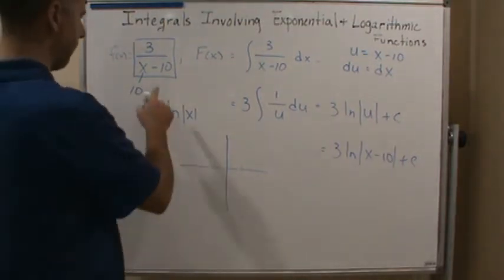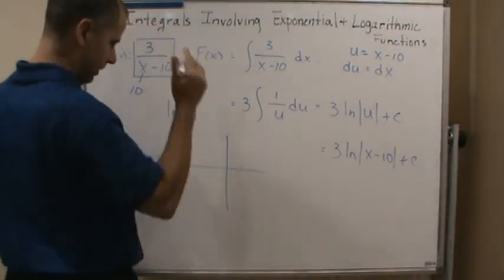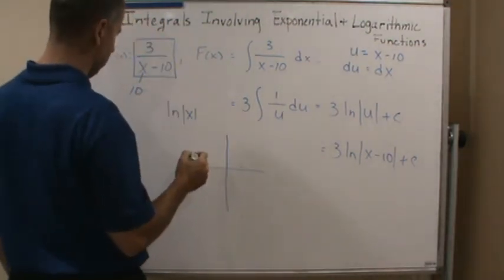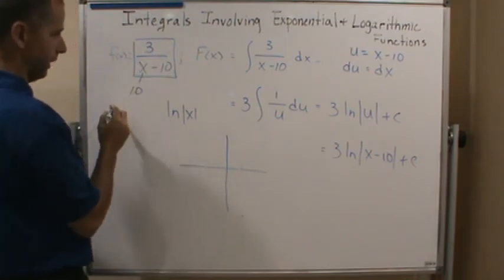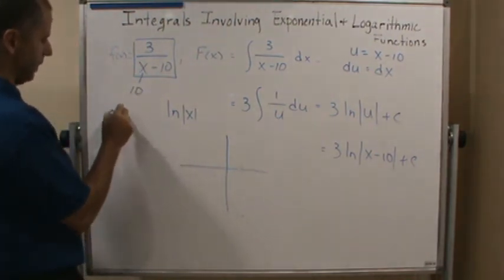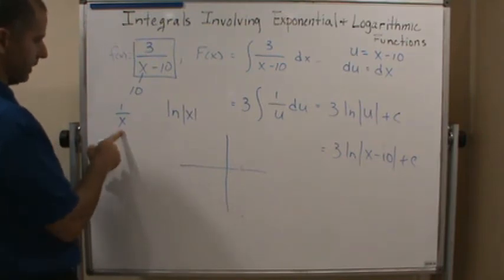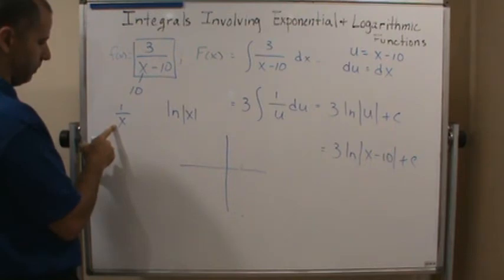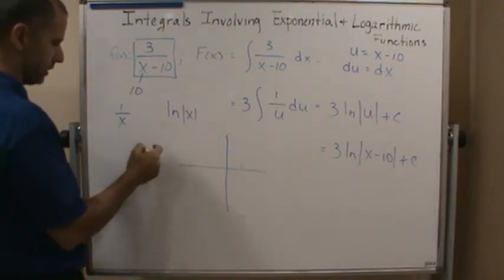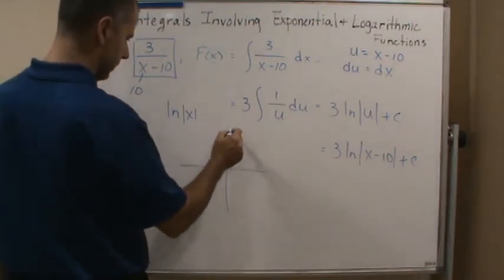So when we graph this function, it's 3 over x, right? That's what I meant to say. It's 3 over x, so it's a reciprocal function. And so a reciprocal function like this, 1 over x, looks like this.